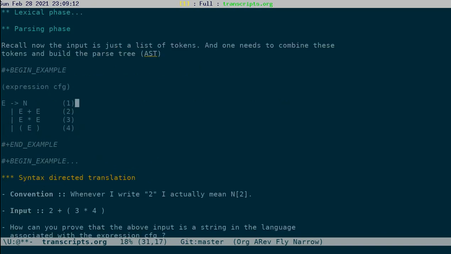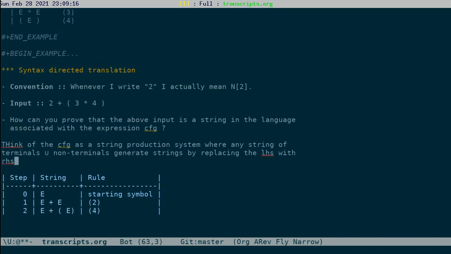Okay, E is bracket E. And the third step, E plus, then I replace it with E star E. Okay, this I have used rule number 3.